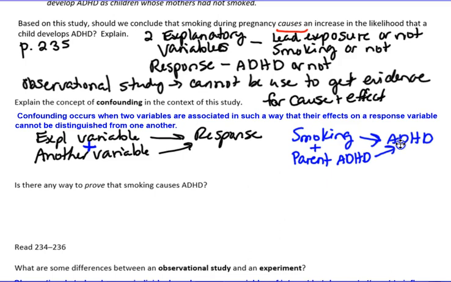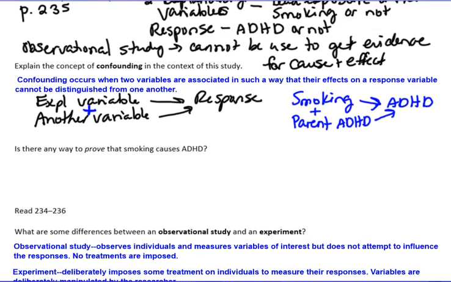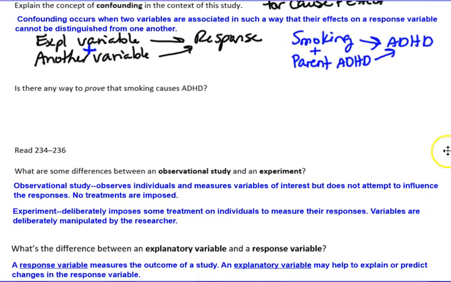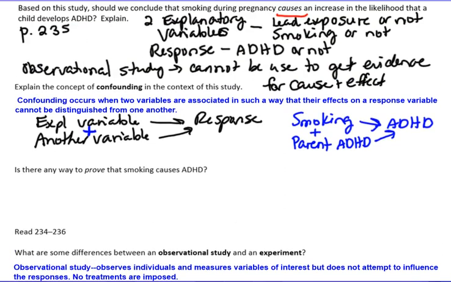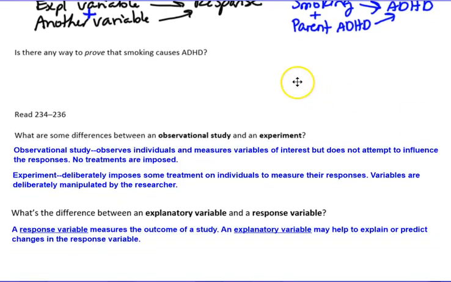Now, without doing some sort of test or some experiment, I don't know if any of that's true, but those are potential confounding variables. Is there any way to prove that smoking causes ADHD? Well, I just got through saying that we can't demonstrate cause and effect unless we have an experiment. So think about, how would we do an experiment for this?